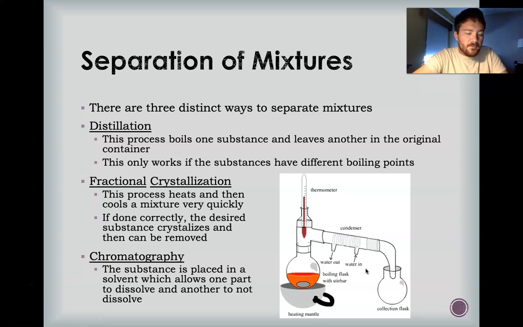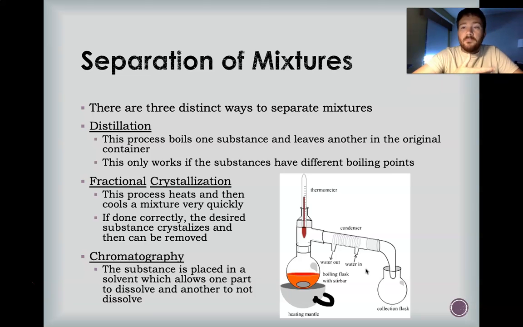And whenever you have a mixture, like let's say you have Kool-Aid and put the Kool-Aid in the water, there are 3 different ways to get the Kool-Aid out of the water to separate that physical mixture. The most obvious of which is distillation. Works very well. You take the substance, you boil it, and one substance boils quickly and the other substance doesn't.